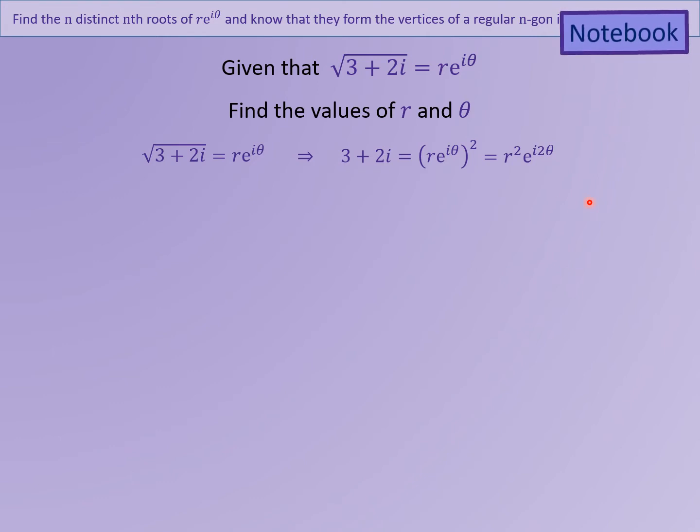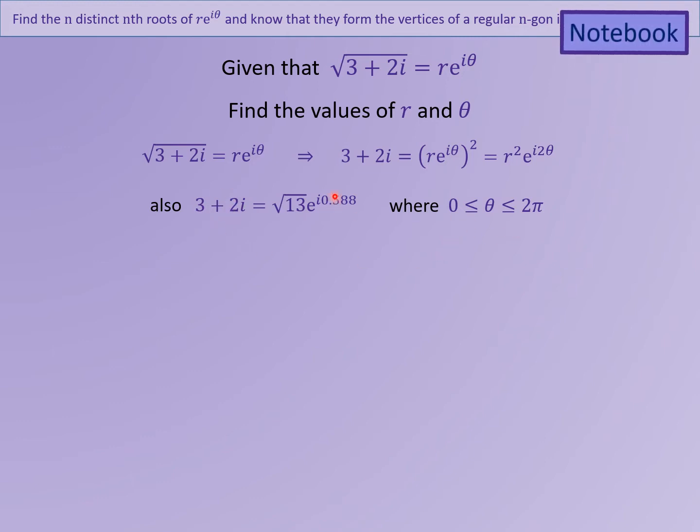Now, if I can work out this part in re to the i theta form, then I could do some comparing. So that's exactly what I'm going to do. I'm changing the 3 plus 2i to r and theta form. Just to make sure you're aware of where these come from, I've got 2 squared plus 3 squared, square rooted, which gives square root 13, and the 0.588 comes from me doing tan to the minus 1 of 2 over 3.